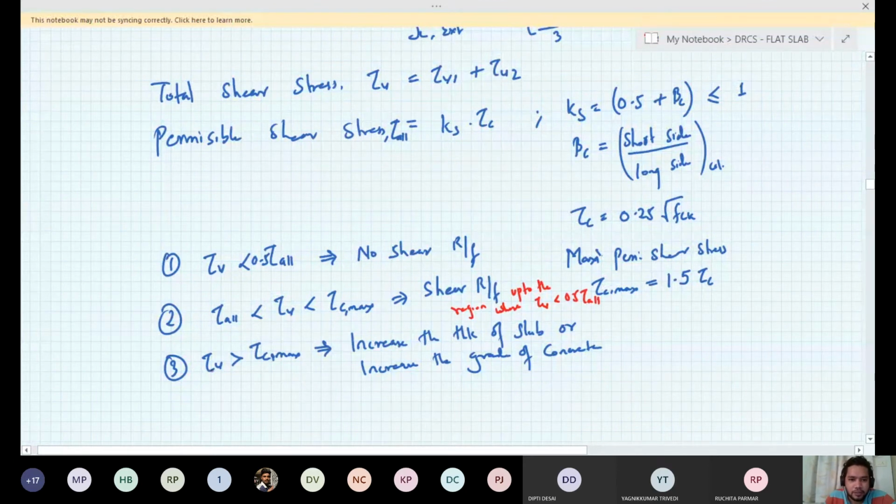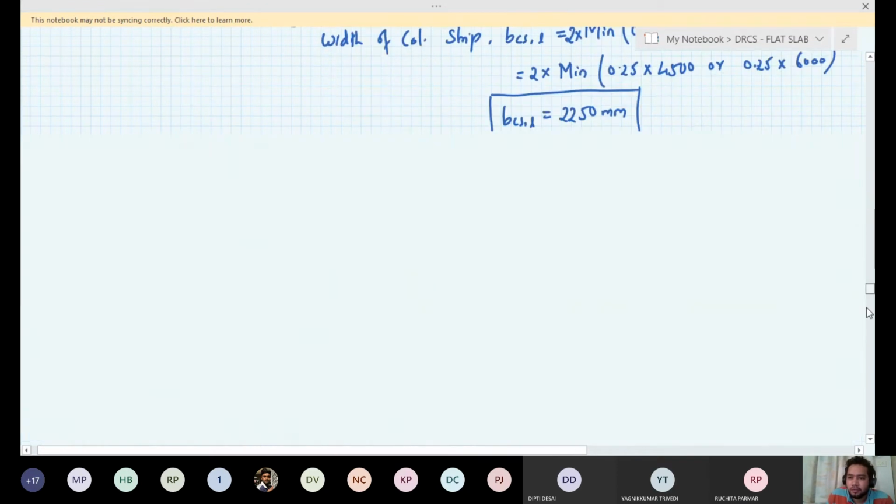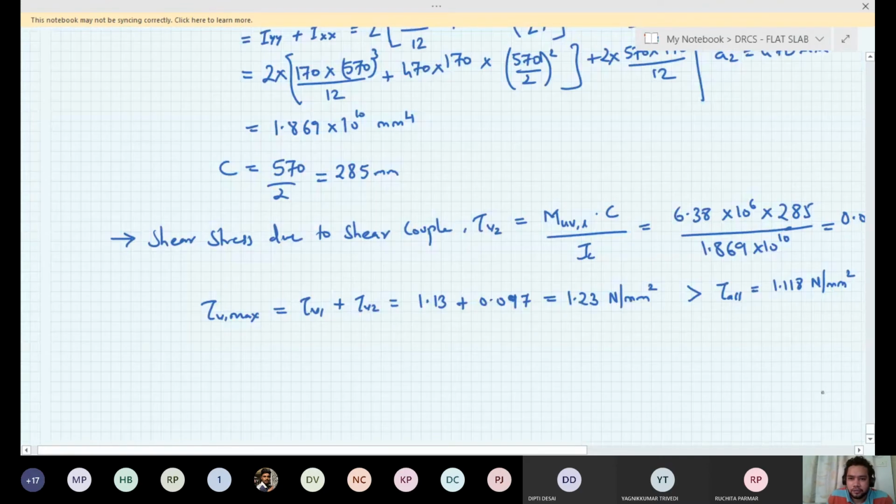And in case if tau v is greater than tau c max, then we have to increase either the depth or thickness of the slab, or we have to change the grade of the concrete, means we have to go to higher grade of concrete.